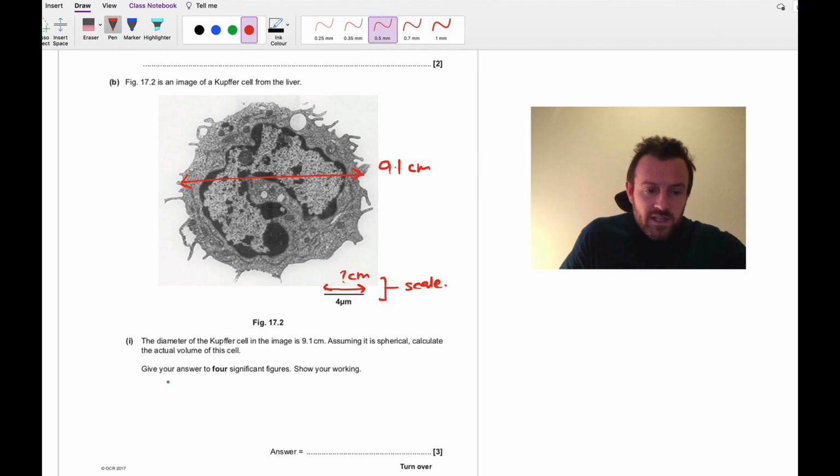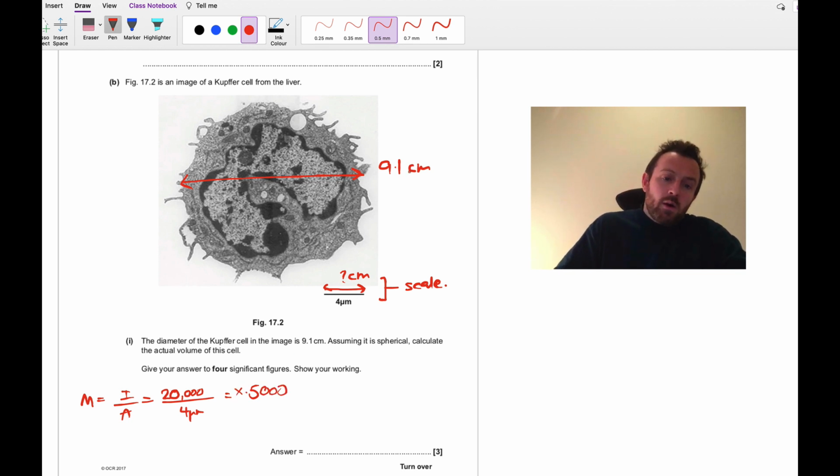So I'm going to say this is 2 centimeters. Then magnification equals the image size divided by the actual. So if I'm measuring this bar as 2 centimeters, that would be 20 millimeters or 20,000 micrometers divided by 4 micrometers. Therefore, that is times 5,000 magnification.